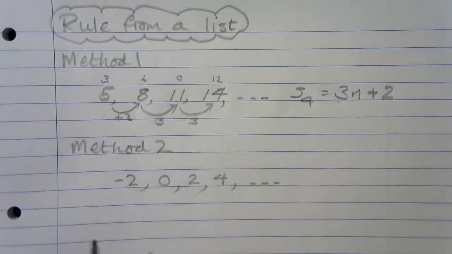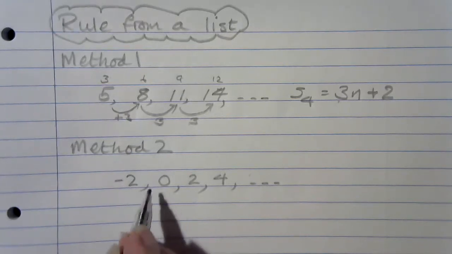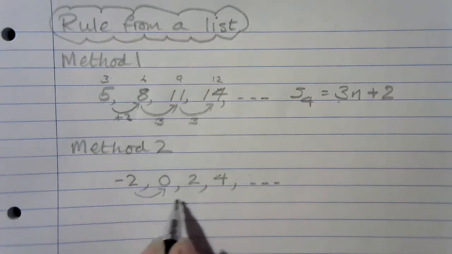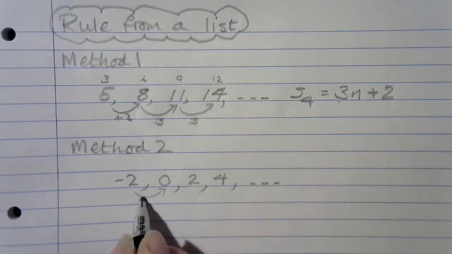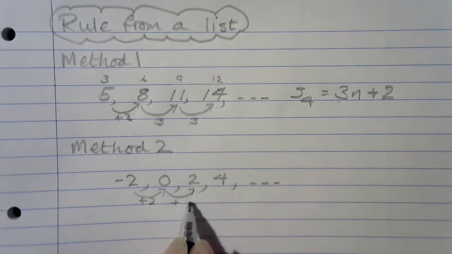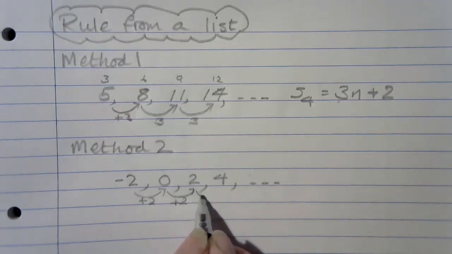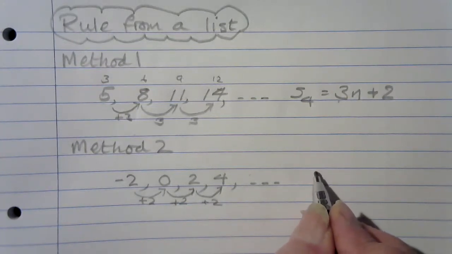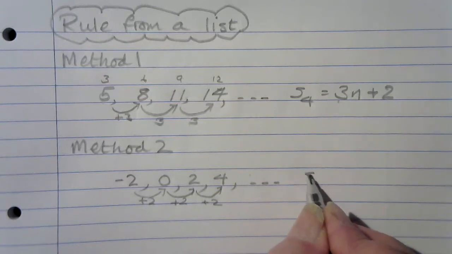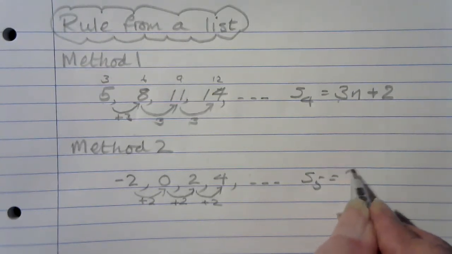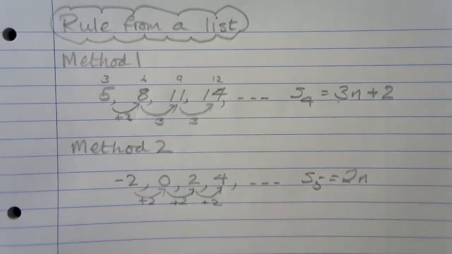Right, now let's have a look at method 2. I've still got a jump here. This time the jump is plus 2, isn't it? There we are, plus 2. So I know, let's call this S5, shall we? I know that my first term is going to be 2n.